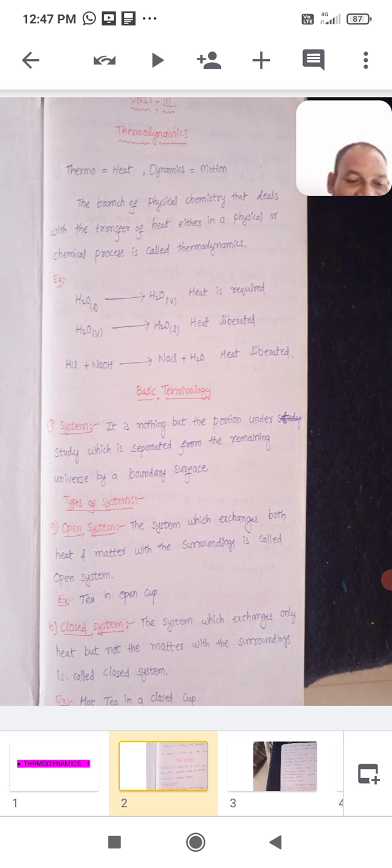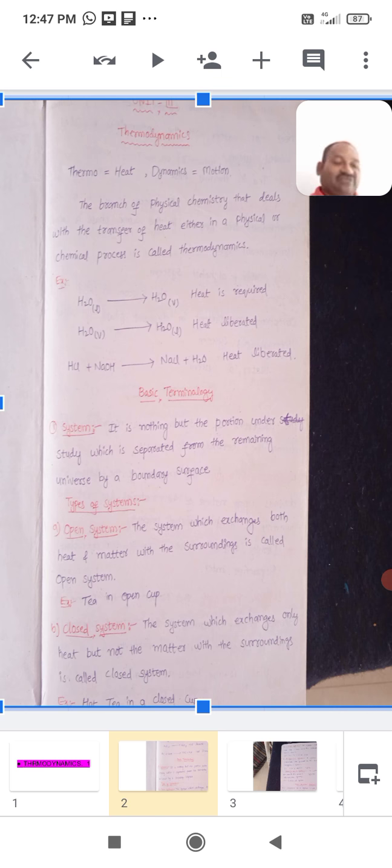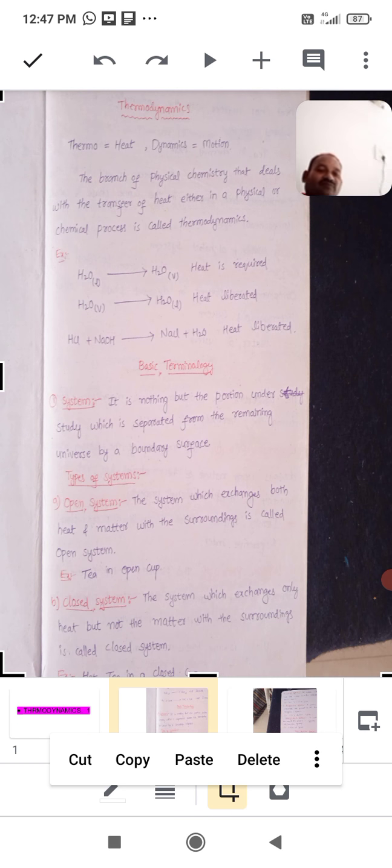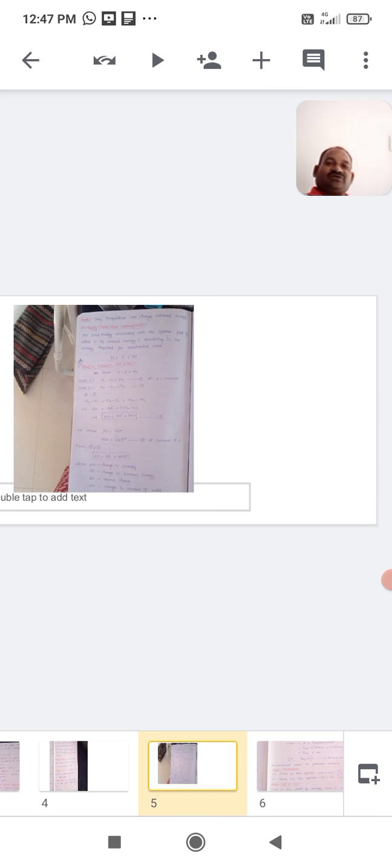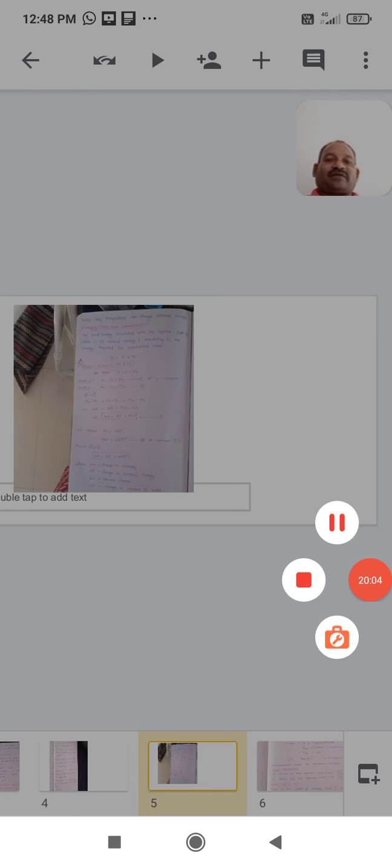Intensive property, extensive property, thermodynamic functions, thermodynamic variables. What are the variables? Independent variable and dependent variable, and internal energy. Next one is enthalpy. Relation between enthalpy delta H and delta E, and work. These are today's topics, explained to you clearly.